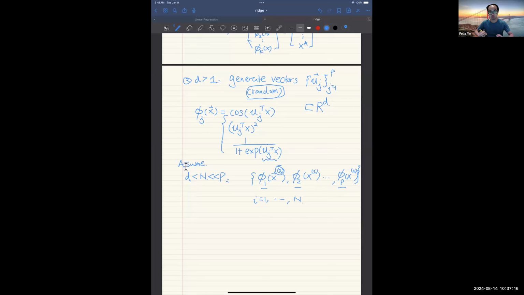So you can see we really need a really large memory to store these features. And if we actually run this linear regression directly for this phi, it would take a really, really long time.